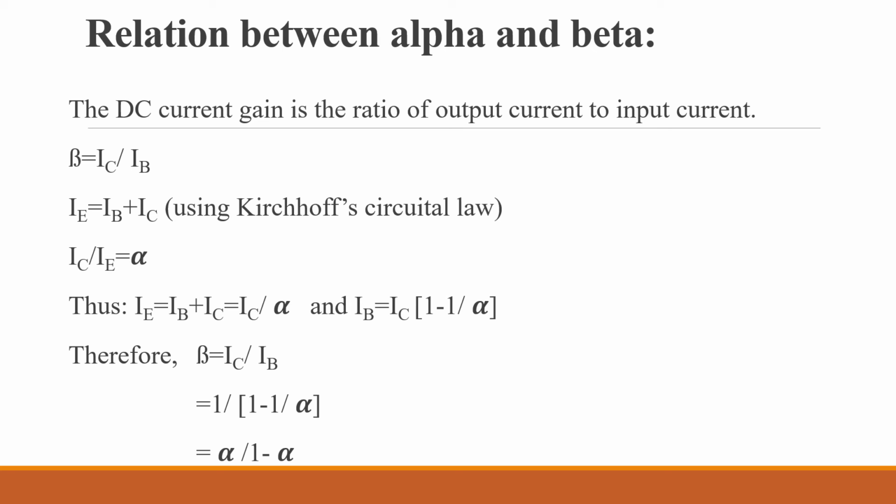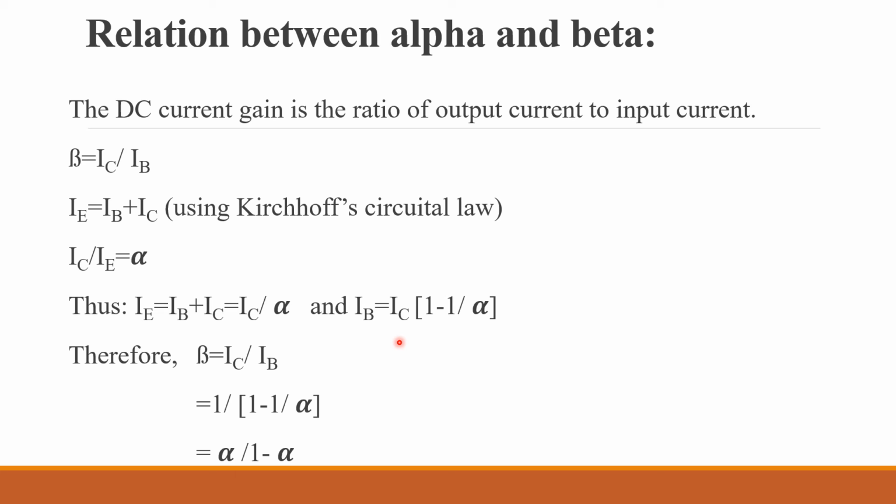But beta is equal to IC by IB, isn't it? So simply here we are substituting this IC by IB as beta.